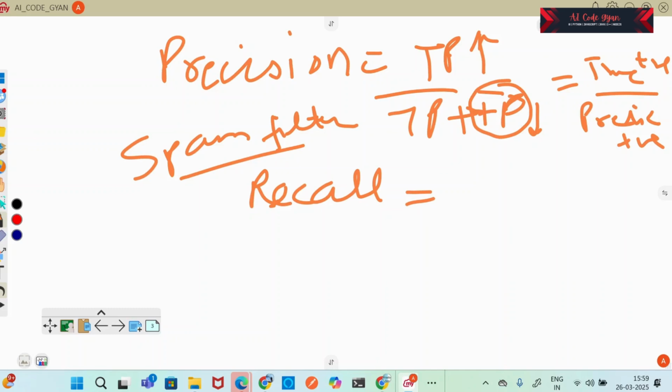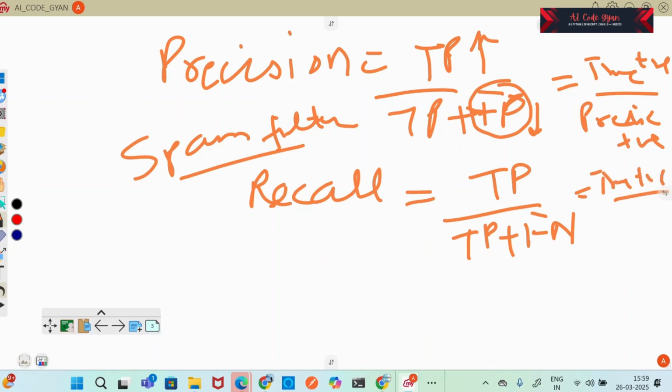Now let us talk about recall. What is recall? Recall is TP divided by TP plus FN. That means true positive divided by actual positive outcomes.